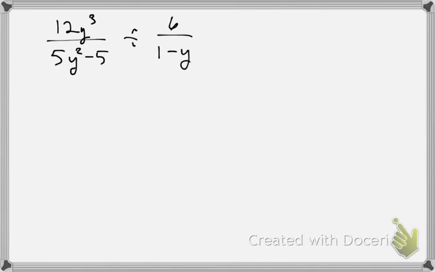So if I have 12y cubed over 5y squared minus 5 divided by 6 over 1 minus y. So I'm dividing two rationals. What do we do?